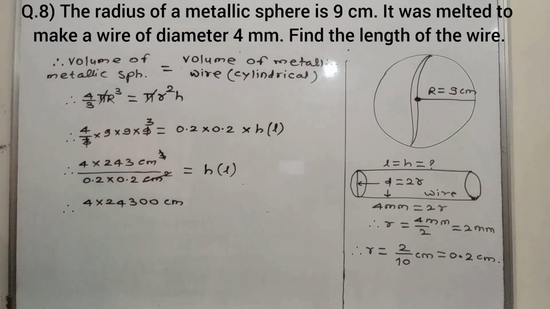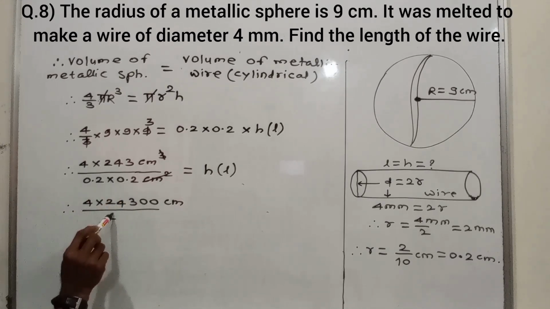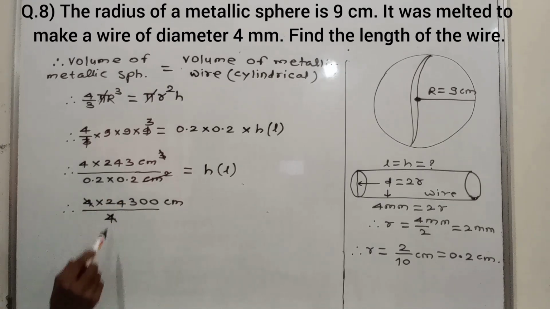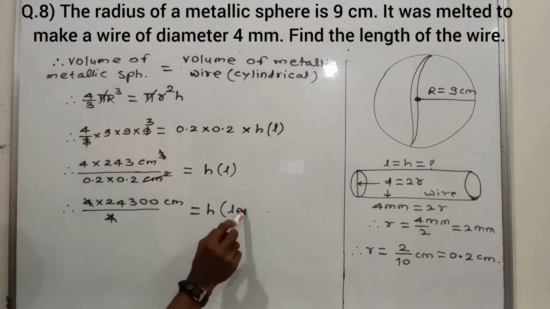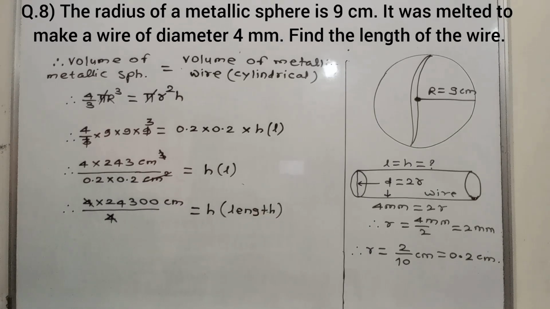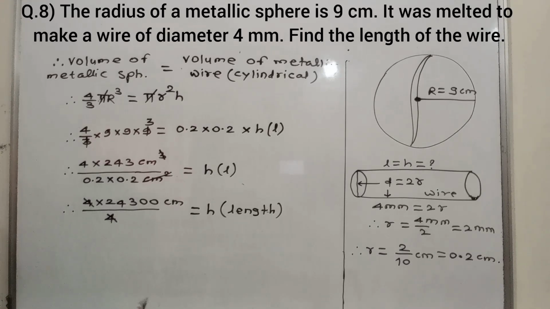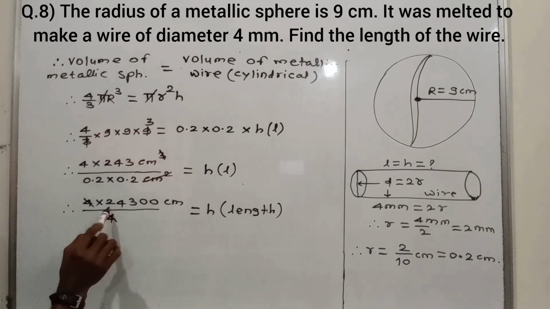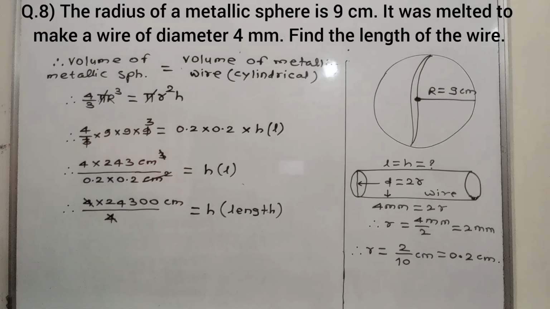We put 20 here upon 2 into 2, 4. Did you get it? This is our length in centimeter. You can write this answer also, no problem. H is equal to 24300, that means 24,300 centimeter. But we will convert in meter.